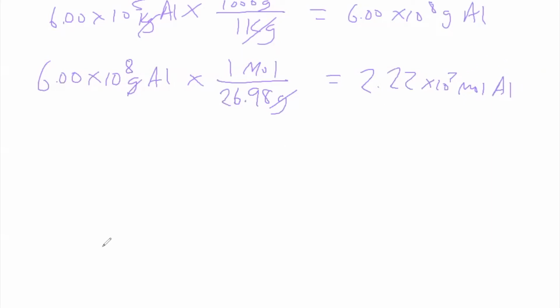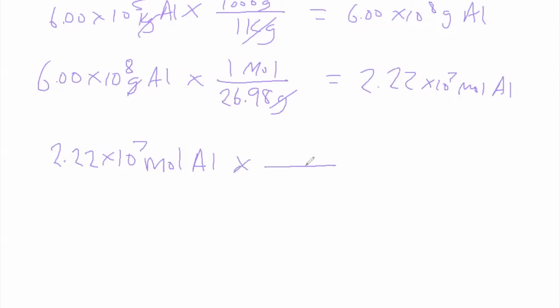Now, what they're asking for in the problem is how much ammonium chloride, NH4Cl, is produced. So at this point, we would want to convert from moles of aluminum to moles of ammonium chloride, and then go from there. So we'll multiply the moles of aluminum by the molar ratio to convert to moles of ammonium chloride.